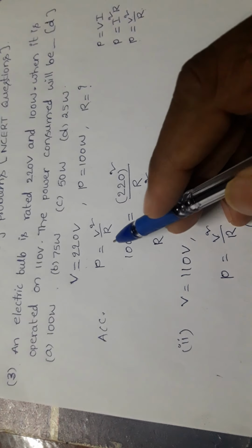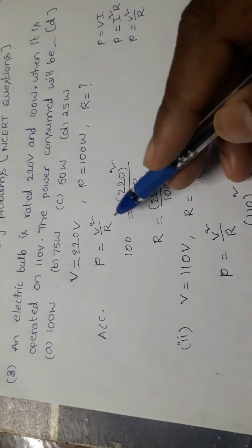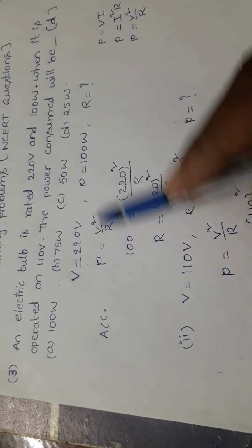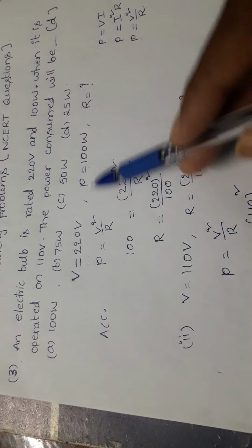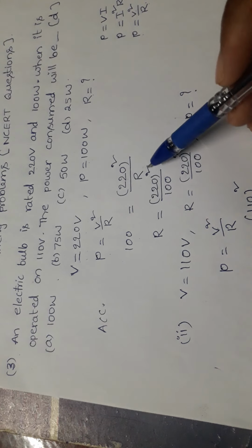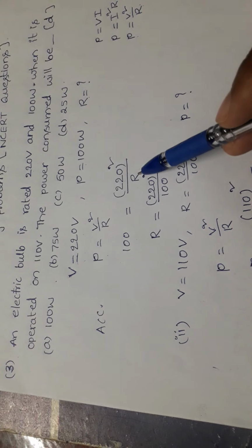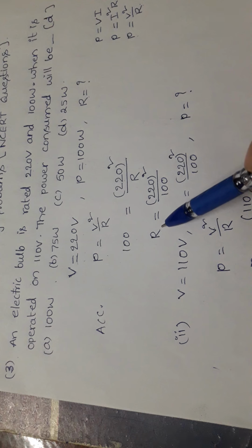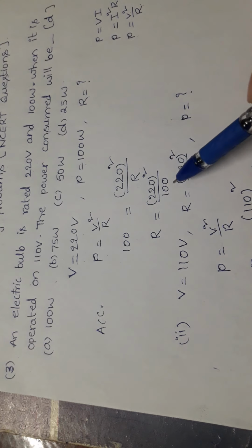According to the power formula, P is equal to V square by R. Here the P value is 100 and the V value is 220, so we can write it as 220 whole square by R. So R is shifted here and 100 is shifted here. We will find R, so R is equal to 220 whole square by 100.